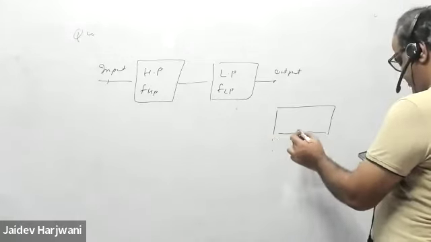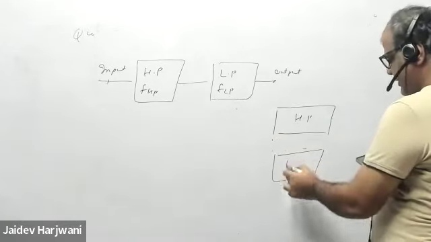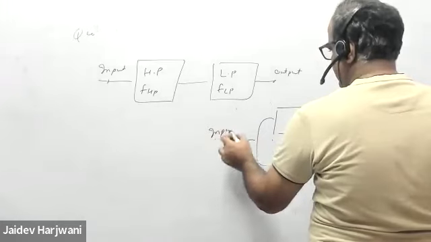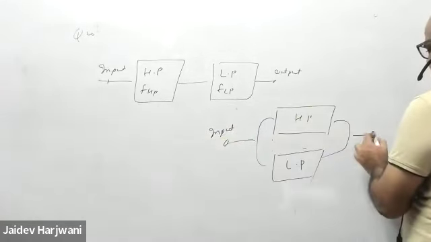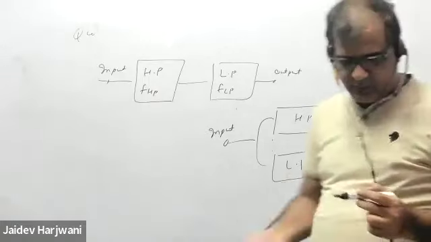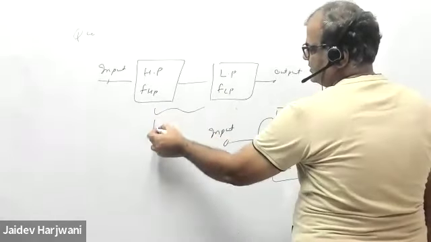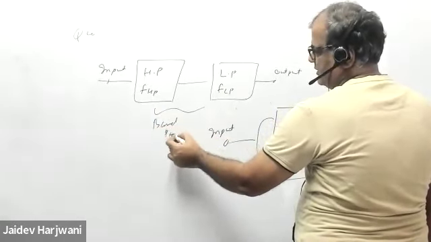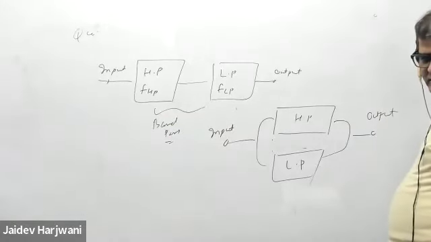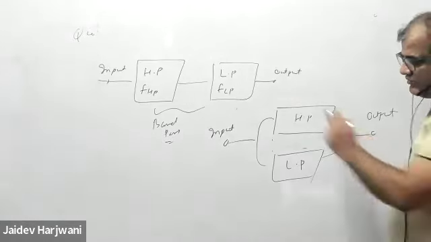This is your FHP and this is your LP, and here I'm giving the input and here I'm taking the output. Sir, band pass and band reject. Yes, this is the band pass. And this one? Band reject. Band reject was also in series, only the frequencies were changed.